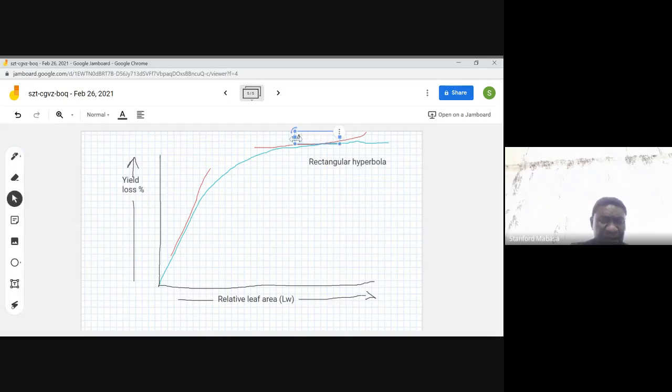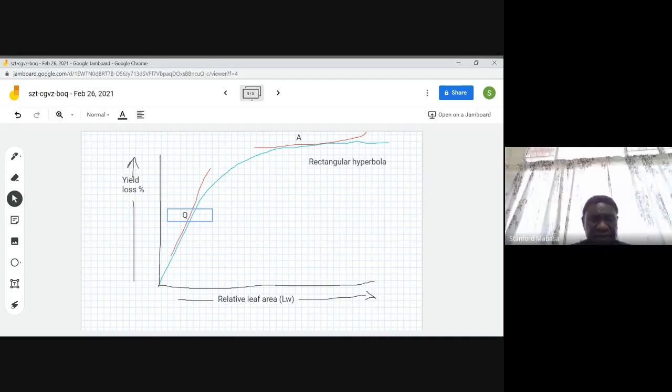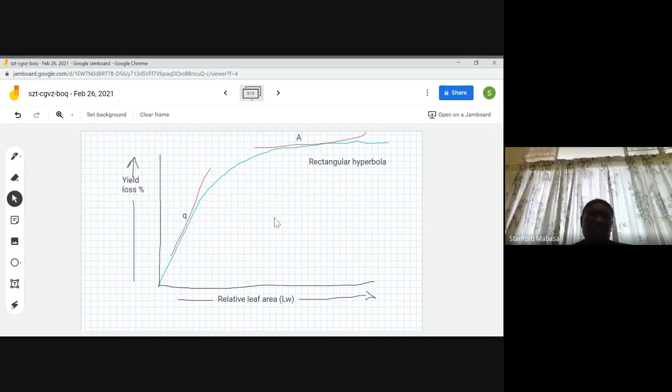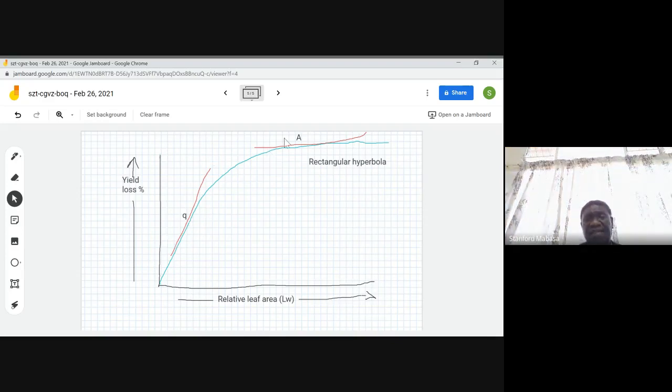Here we still have our maximum yield loss, but this slope they decided to call it Q. So we now have A and Q. Q is the slope, and A is the maximum yield loss.